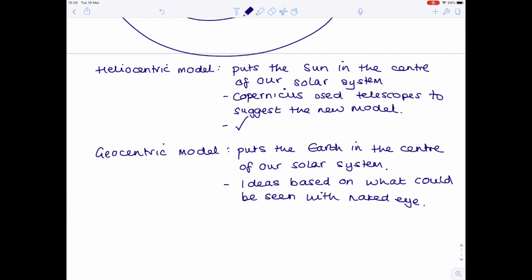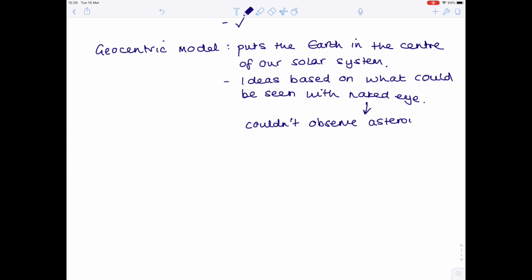And because our naked eye really can't see very far, we couldn't actually see other features of our solar system, so we weren't able to observe asteroids, moons of other planets, very distant planets, so ones like Neptune.